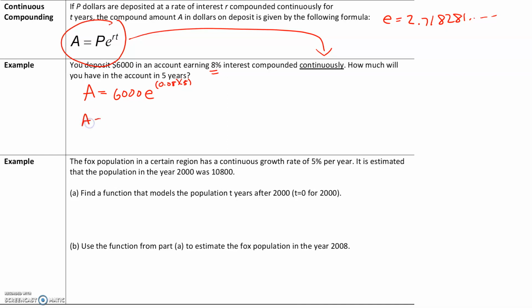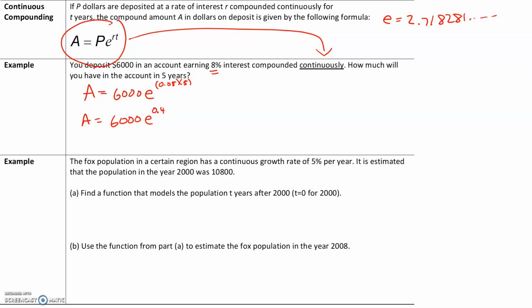So the amount in your account is given by the principal amount, which is 6,000 times e raised to the 0.4 power. Now you have to figure out how to put this into your calculator. Find your e button and figure out how to raise e to the 0.4 power. You can go to YouTube, put in your calculator's model, and type in how to work with e, and you'll get some kind of tutorial.